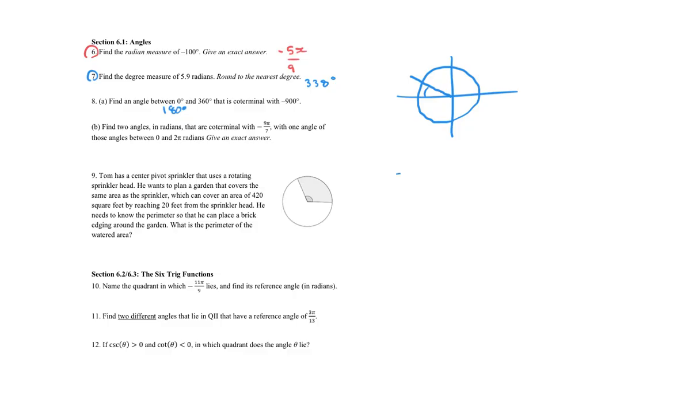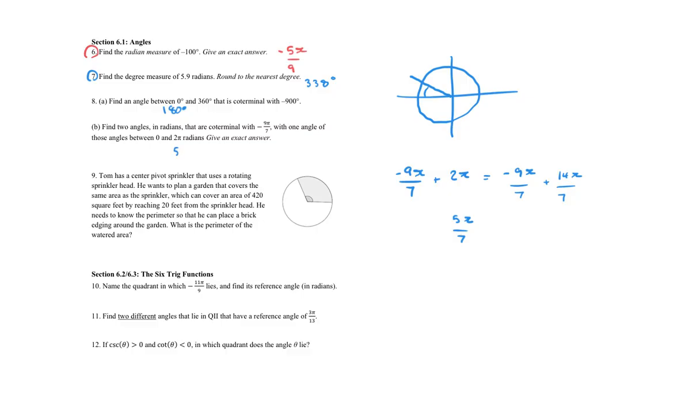So if I do negative 9 pi over 7, and then I go ahead and add 2 pi to this, this will be the same thing as negative 9 pi over 7 plus 14 pi over 7. So this is 5 pi over 7. All right.